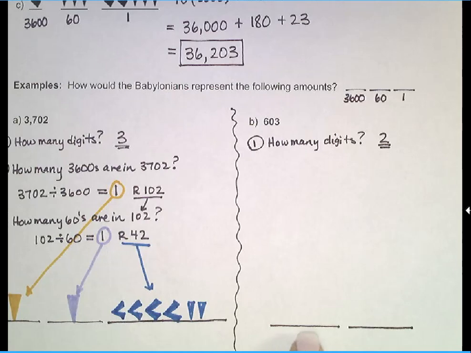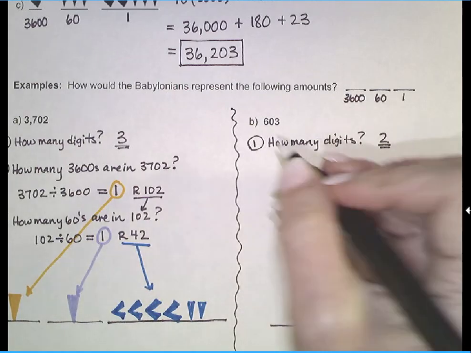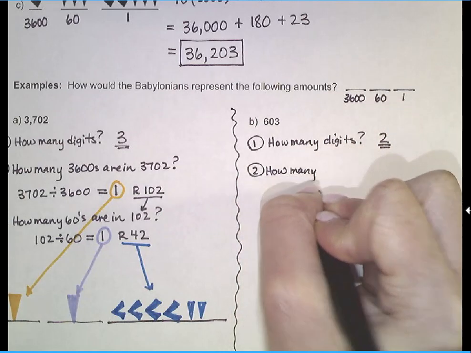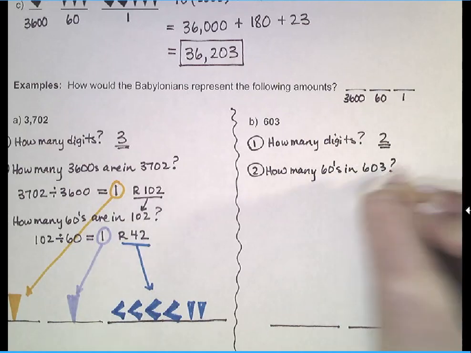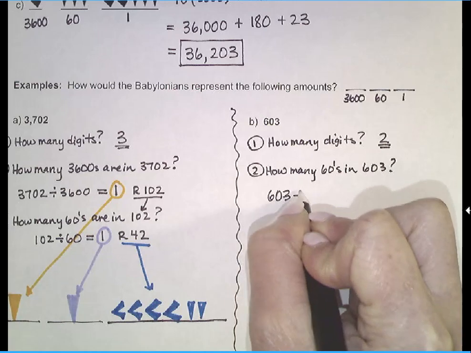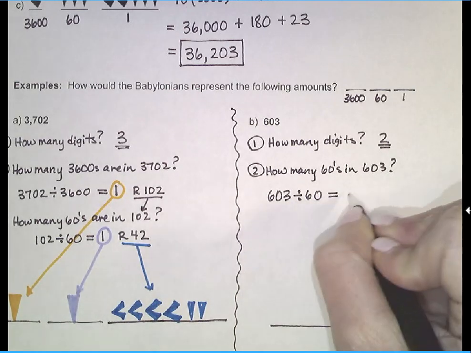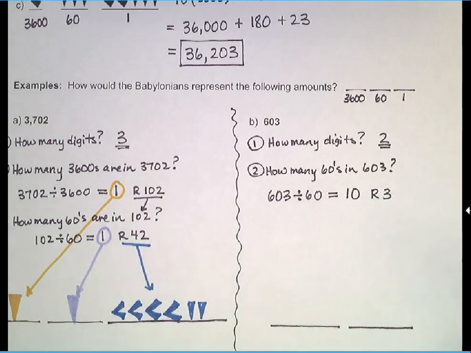So we know we're going to need 2 digits. So we're just going to start by dividing by 60. We don't need to divide by 3,600. We're going to start, how many 60s in 603? So if I take 603 and I divide by 60, how many times will it go in there? Well, it'll go in there 10 times with a remainder of 3.